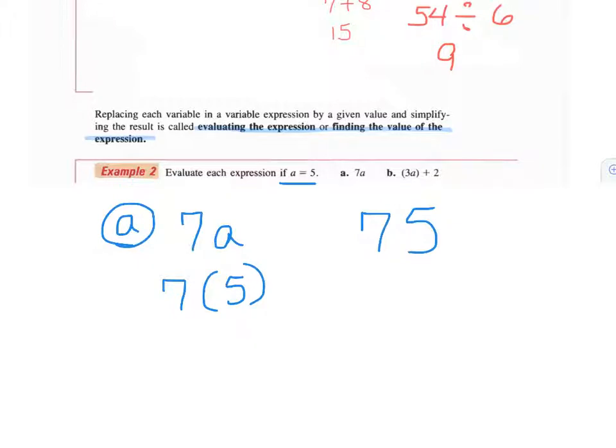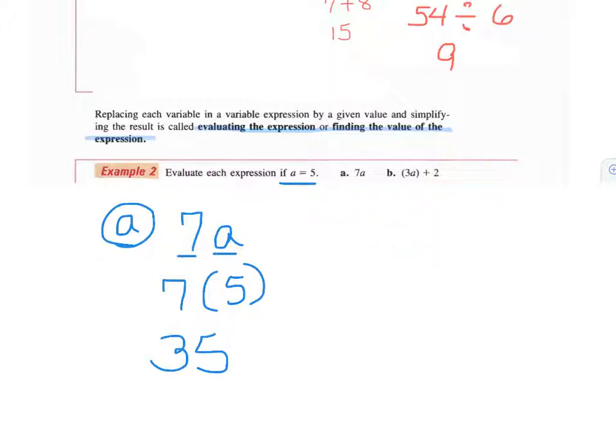So remember, 7 next to a letter means multiply. To clarify it, I'm going to put parentheses around it to know I'm multiplying and know that it doesn't make the number become 75. So 7 times 5 is 35. So I just evaluated that expression.